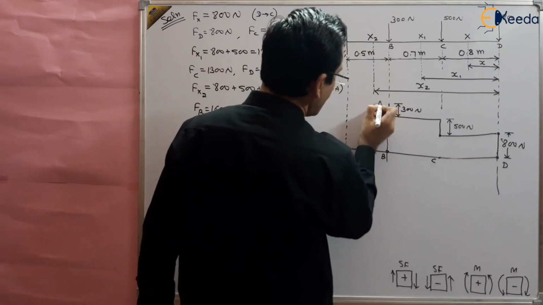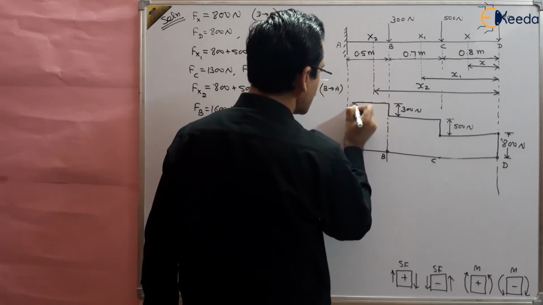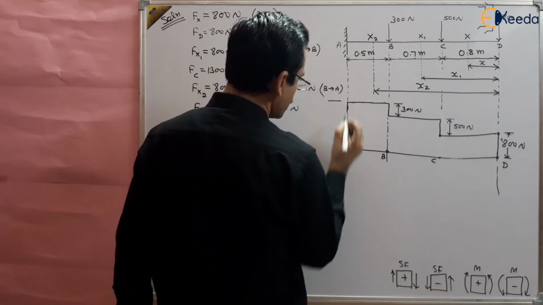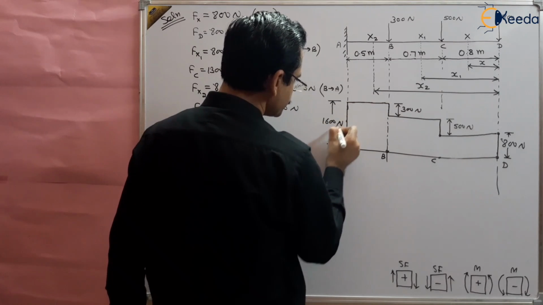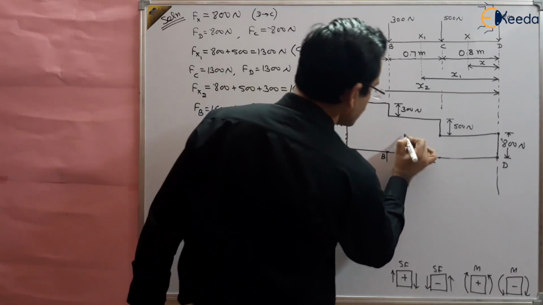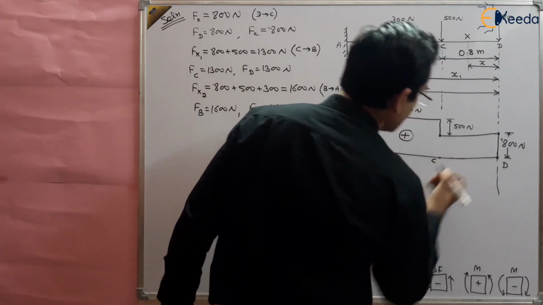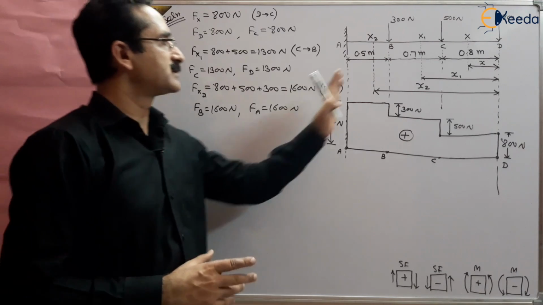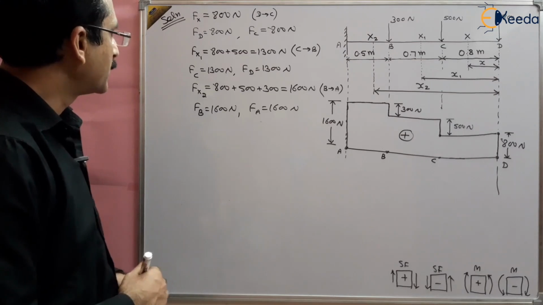And then the 1600 load at B will remain constant till we reach point A, and this is the 1600 Newton load at A point, right? So this is the shear force diagram, and it is positive throughout the length of the beam, right? So this is how the shear force diagram is drawn for this question where there are three forces, right?